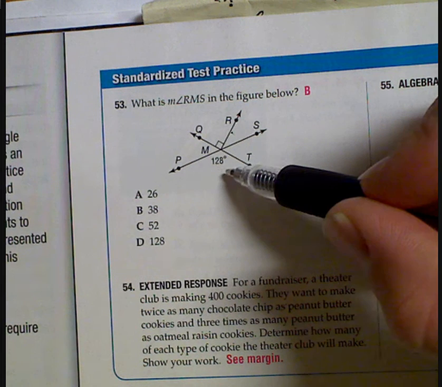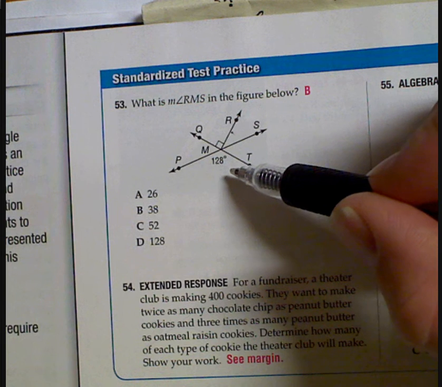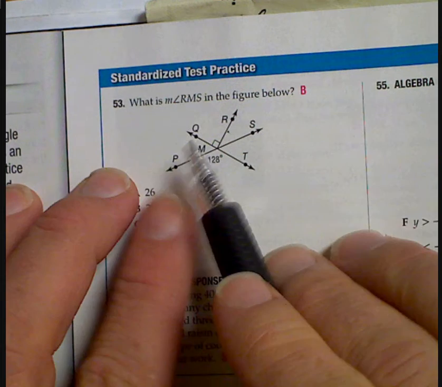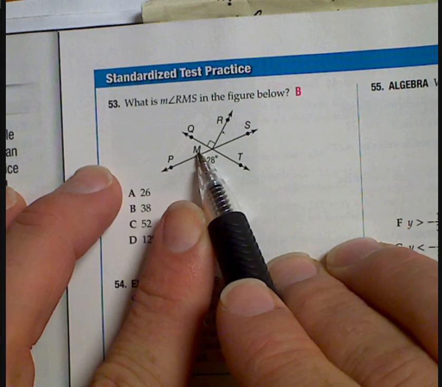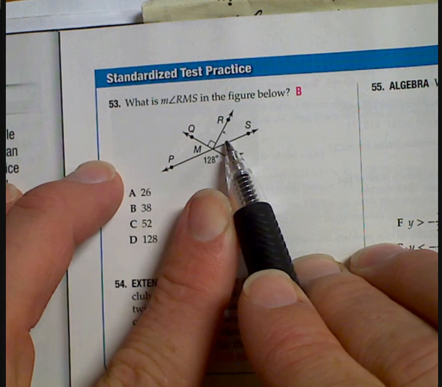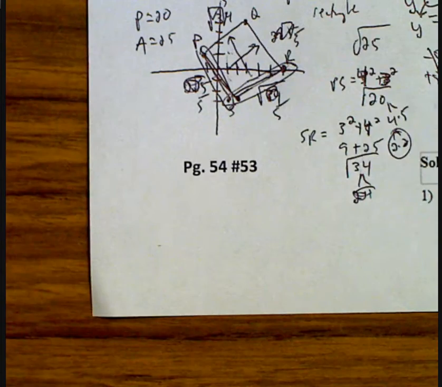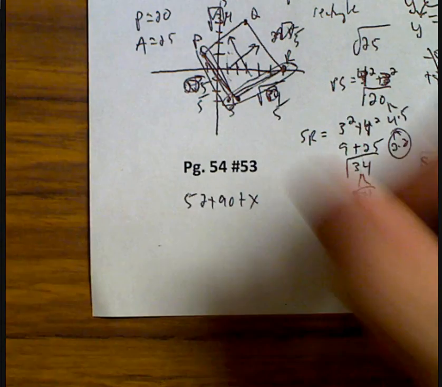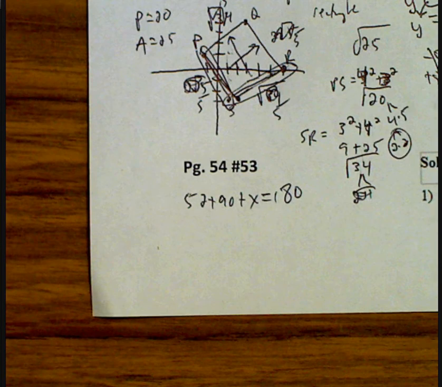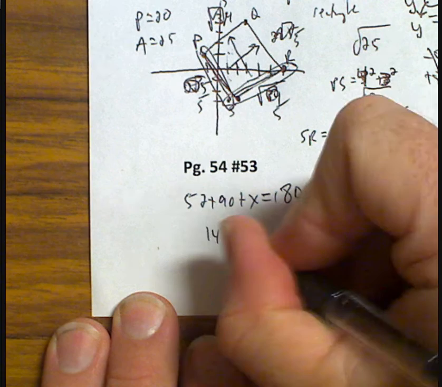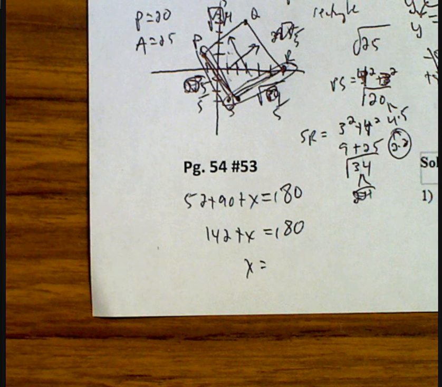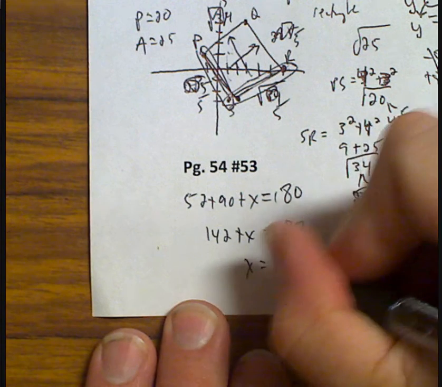So 180 minus 128 gives me 52. So I know that QMP is 52. So 52 plus 90 plus the angle I'm looking for has to equal 180. 52 plus 90 gives me 142, plus x equals 180. So x would have to be 180 minus 142, which gives us 38.